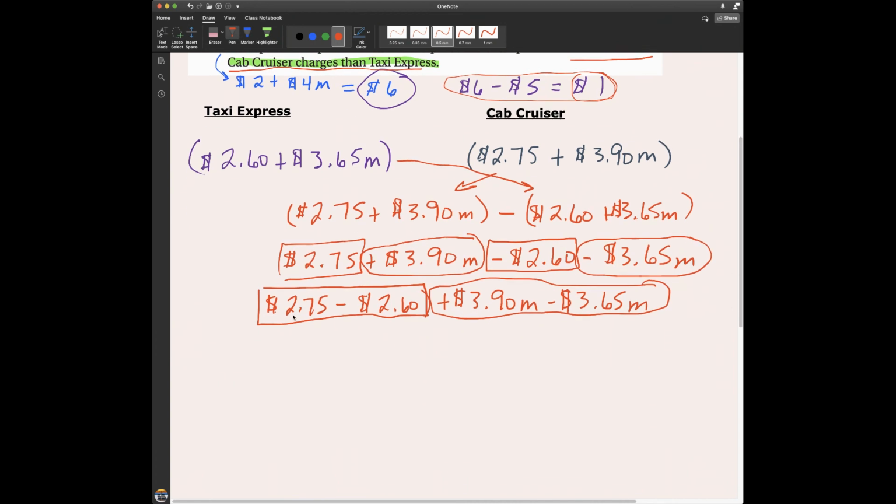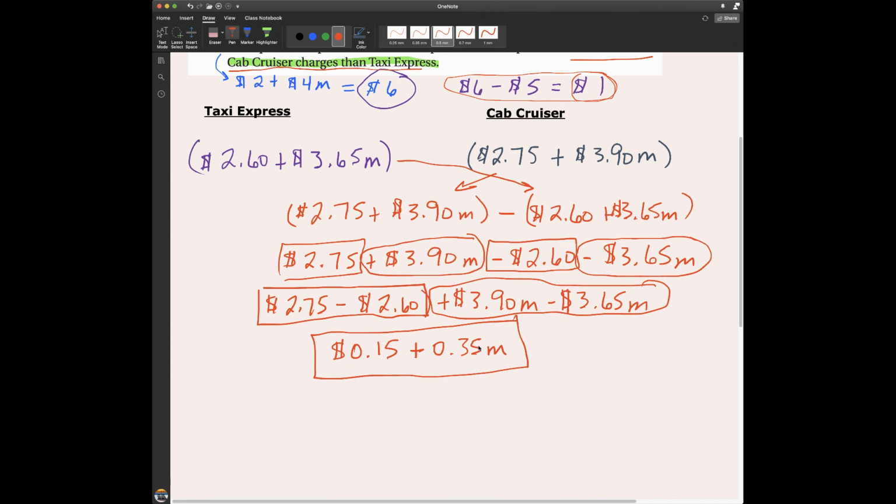All right, so $2.75 minus $2.60 is just 15 cents. And then $3.90 minus $3.65 is 35 cents times m. So this would be the difference. There are no more like terms, there's no parentheses.